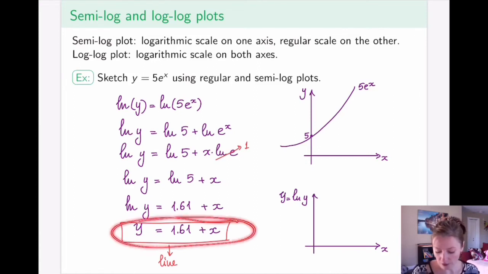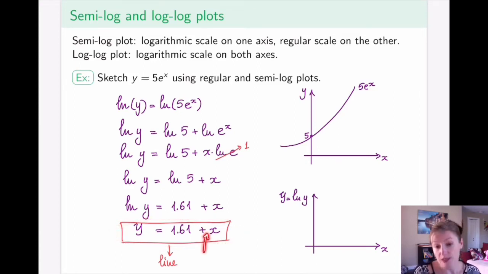For this graph here, it's just a line. The slope is the coefficient in front of x, which is 1. And this is my y-intercept. It's 1.61, or remembering where that came from, that's ln of 5. So my y-intercept here is ln of 5, and the slope of my line is 1. So I can mark it with that.